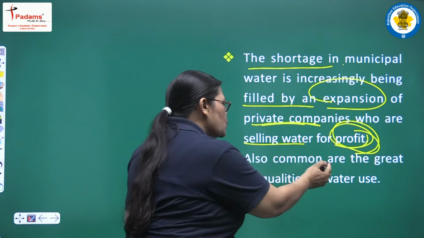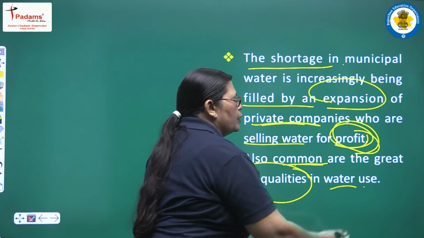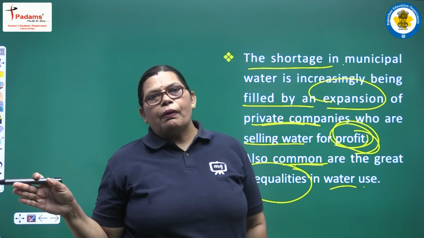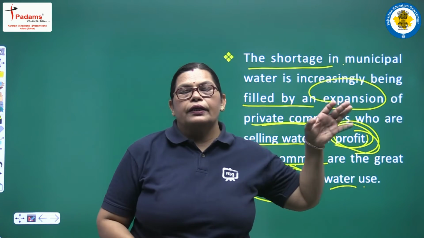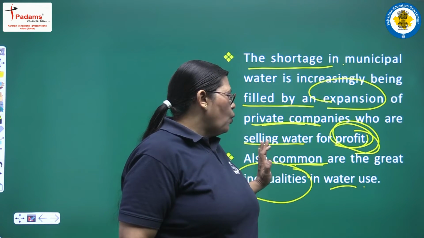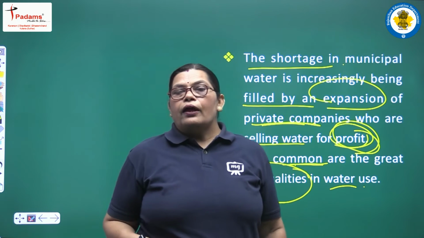Okay. Also common are the great inequalities in water use. Yes, not only in other public facilities but in the use of water. When we are considering this one also, the commoners suffered a lot from this inefficiency.